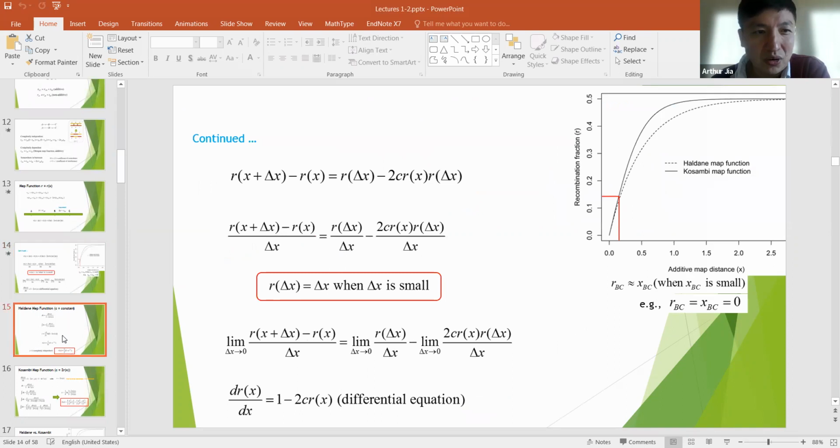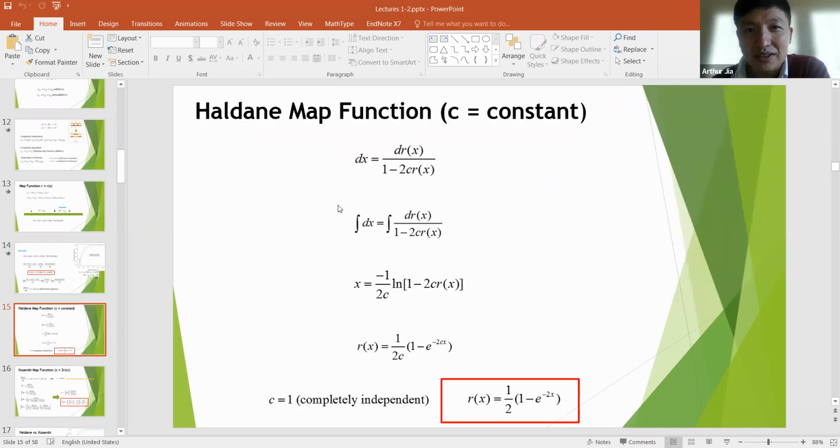So the Haldane function here describes the relationship between R and the number of crossovers. So the X is the number of crossovers, not equal to 0.1. Here, R is equal to 0.1.